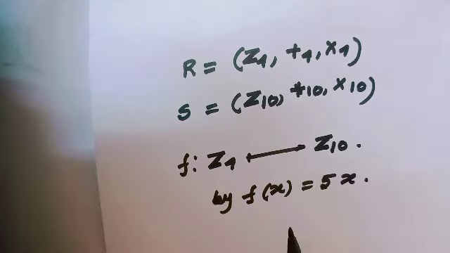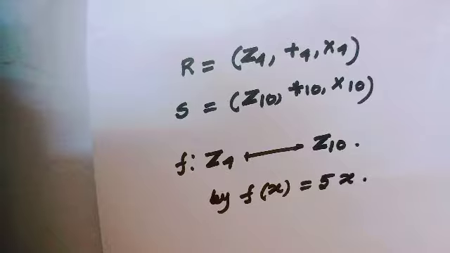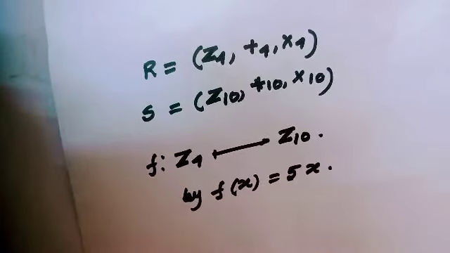Consider a mapping f from Z4 to Z10, and the mapping is defined as f of x equal to 5x. At first let's ask, is this mapping a ring homomorphism?